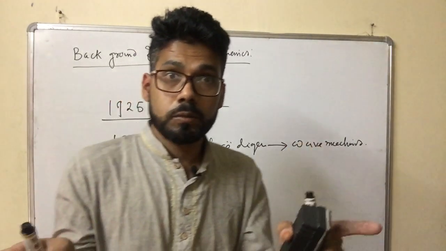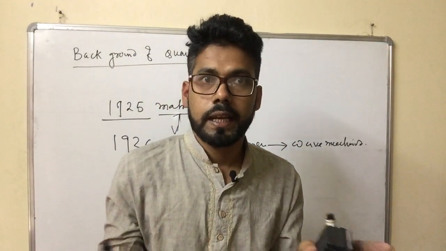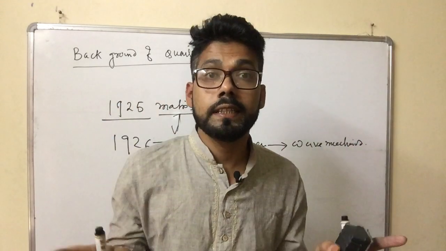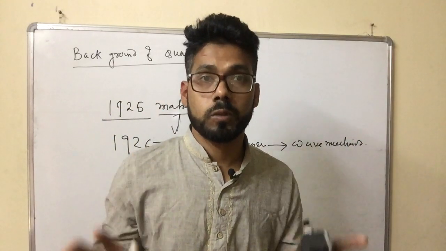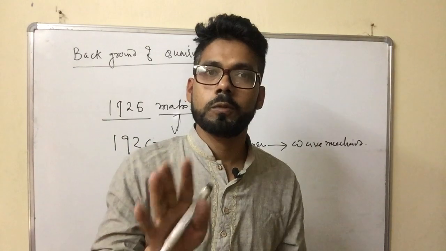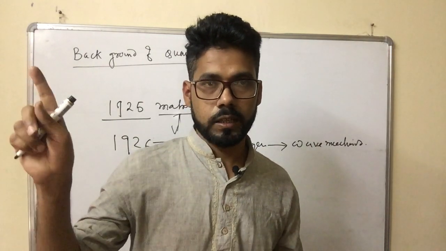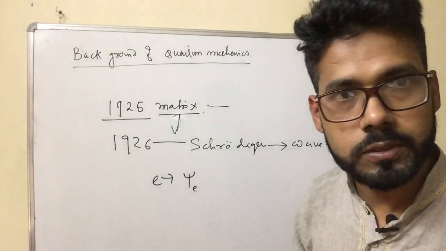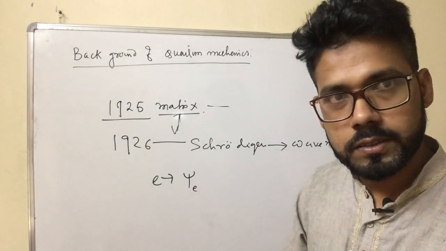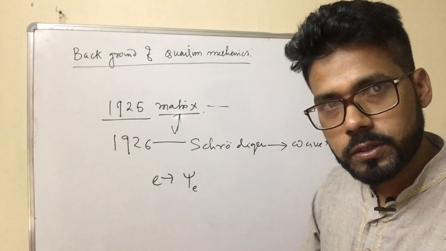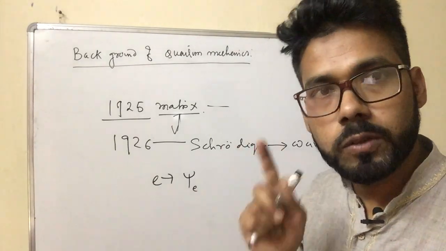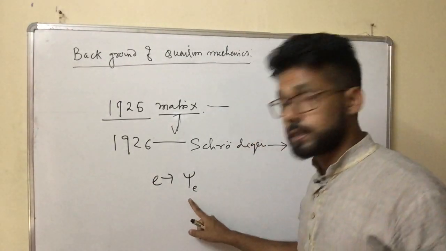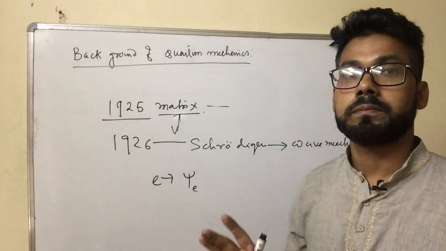If we solve the Schrödinger equation, you will get a wave. If you solve any differential equation, you will get a solution, and if you plot this solution, you will get a wave also. From the solution of the Schrödinger equation, you will get a wave function. That solution is known as a wave function, and this wave function represents the particle.